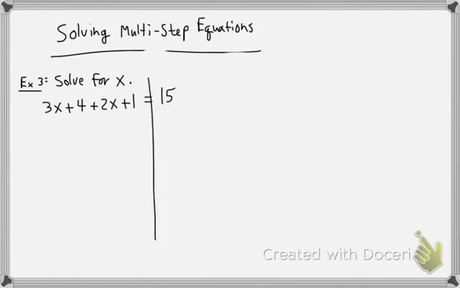So this looks a little different than the last examples. All we're given here is 4 terms on the left and 1 number on the right. I want to know what x has to equal in order for that left side to equal 15, okay?